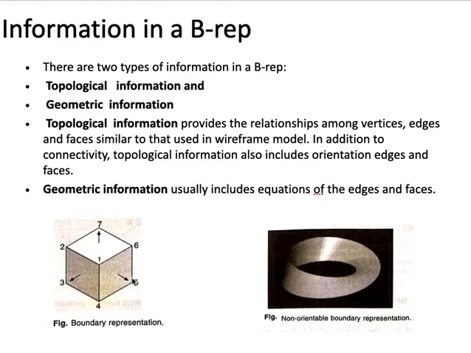There are again two types of information in B-rep, that is topological and geometrical information. The topological information provides the relationship among vertices, edges, and faces, similar to that used in the wireframe model.